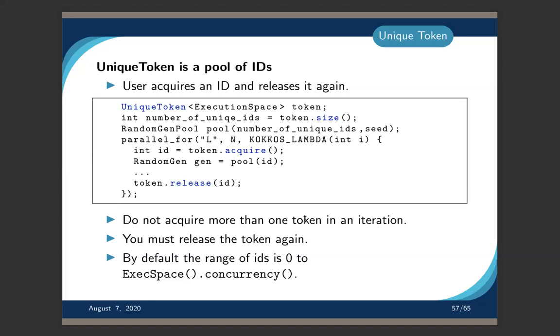If you try to get that thing multiple times, what happens is it essentially looks in the lock table and locks multiple guys potentially. And then other threads do not have any place to go and they just loop forever. So by default, the range of IDs you get back is something like 0 to execution space concurrency.